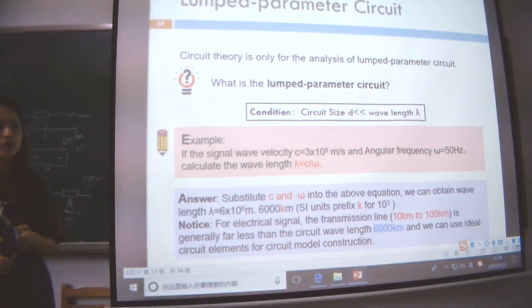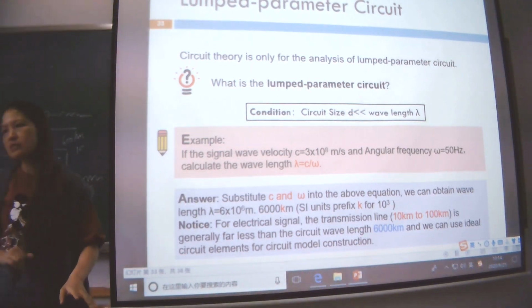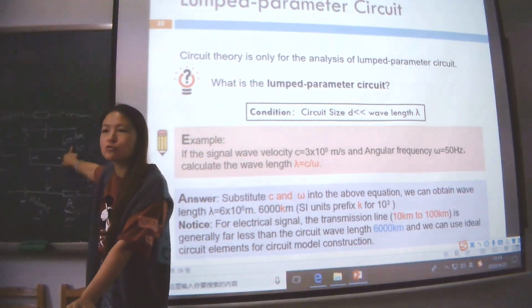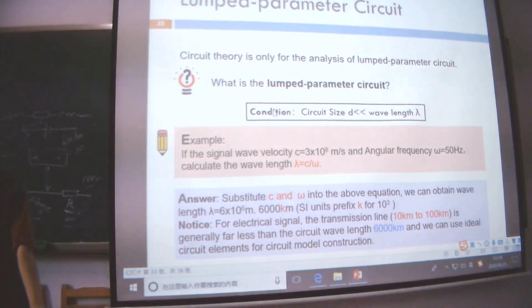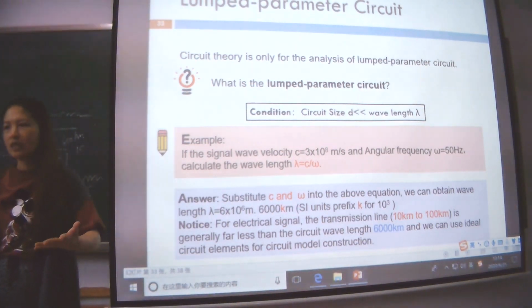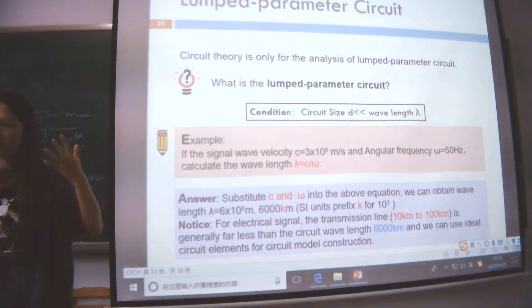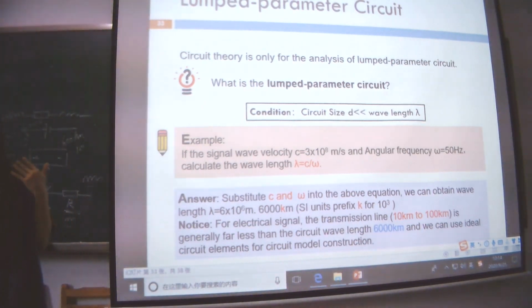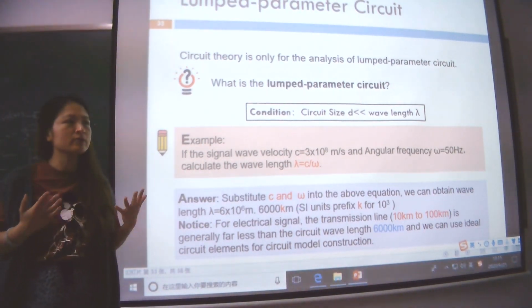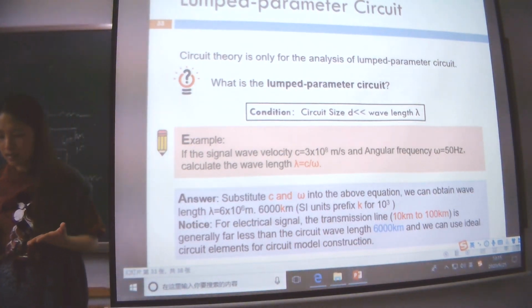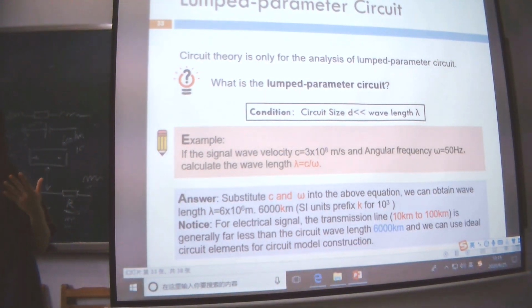But for our power system, the length is 600 kilometers, so this condition is not satisfied anymore. So what should we use to analyze it? Circuit analysis is useful, but it has a condition: the circuit size D must be very small, smaller than the 6,000 kilometers.